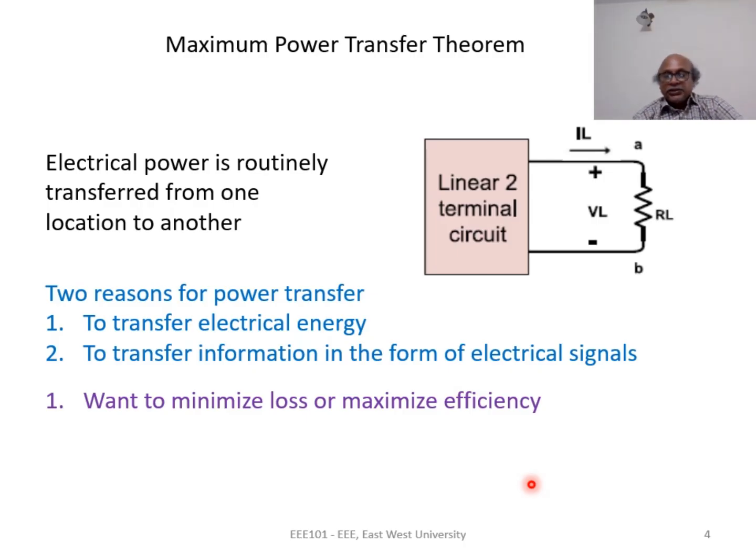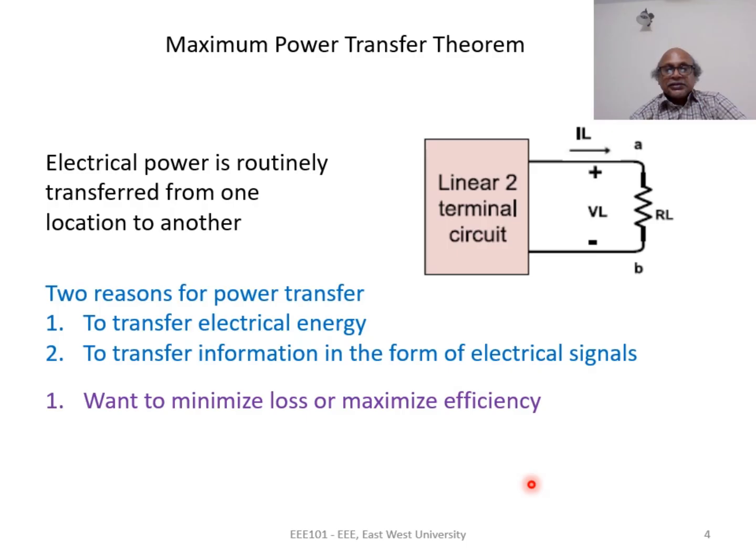However, the principle is different when we want to transfer information in the form of electrical signals. When we transfer information, we want the quality of the information, or the quality of the signal at the receiving end, to be good. Now, why does the quality degrade when we transmit the electrical signals?